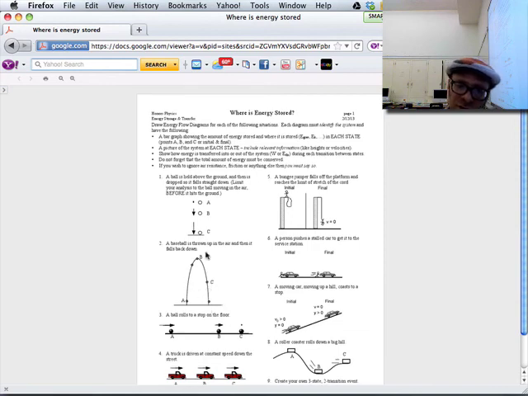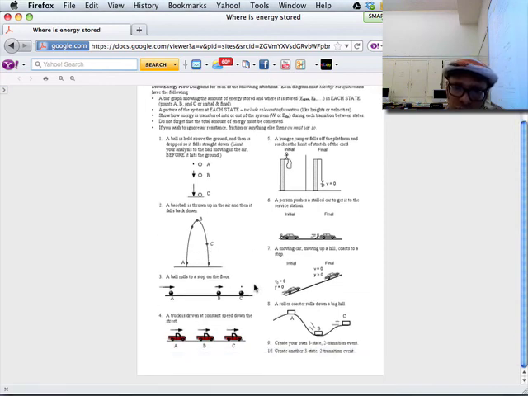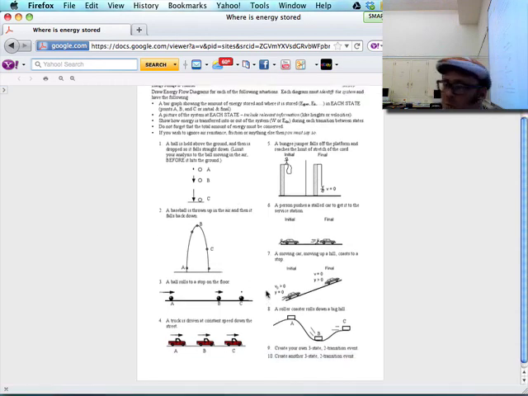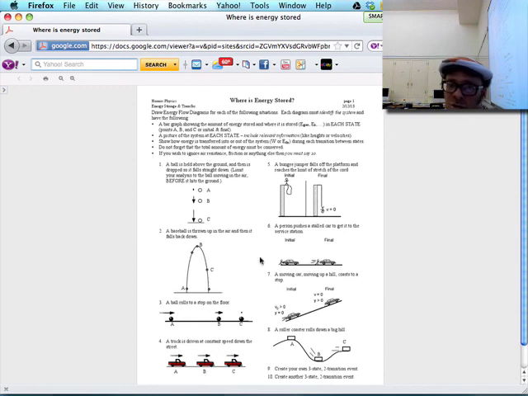Actually, some of these moments in time aren't that useful, but yeah. I mean, it's just more practice. So the focus is where is energy stored and how is it transferring? Cool? If you do finish 2 and 3, by all means, work on this one too, because we may actually whiteboard it tomorrow. It's possible.